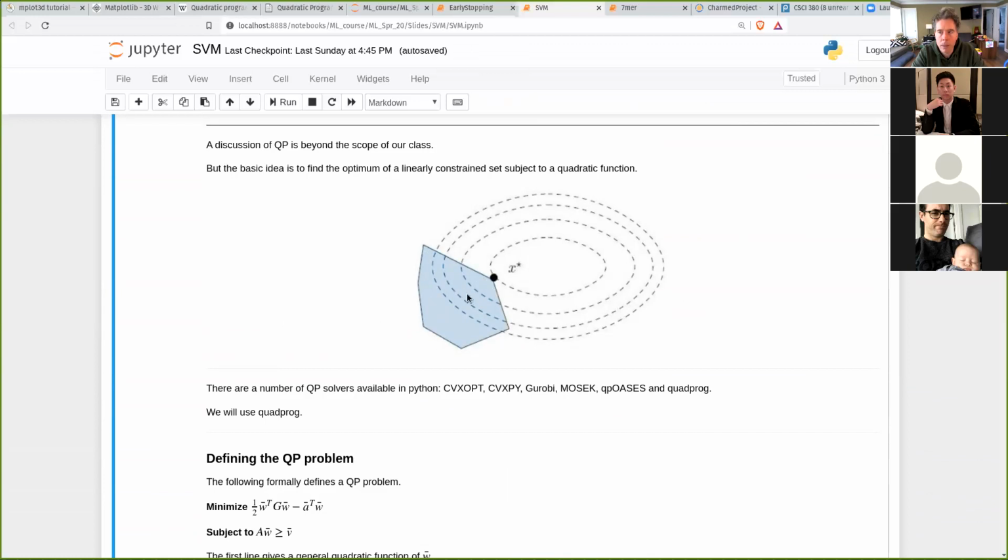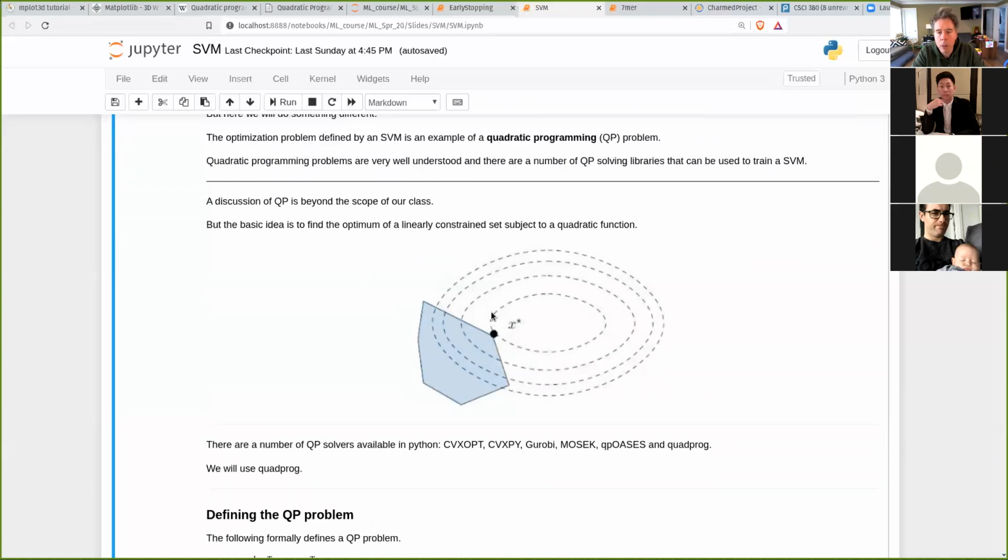This is just a system of linear inequalities, so it looks kind of angular. What we do in a quadratic programming problem is find the point inside the constraints that is closest to the quadratic optimum. So we've got some kind of quadratic function here, and we're getting as close as we can to the optimum while respecting the linear constraints. That's a quadratic programming problem.